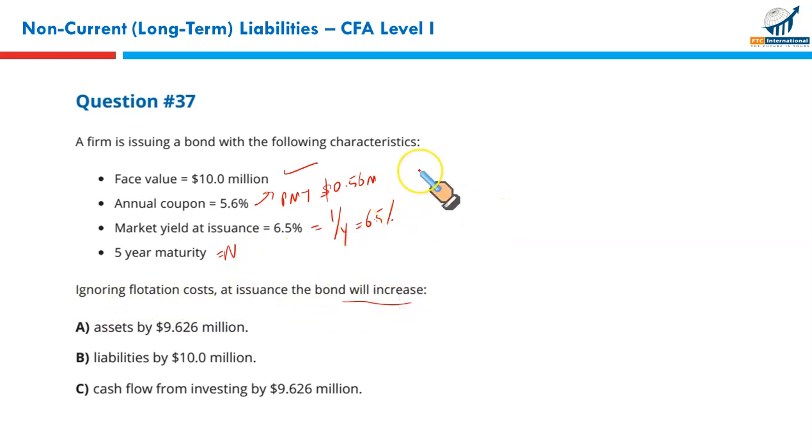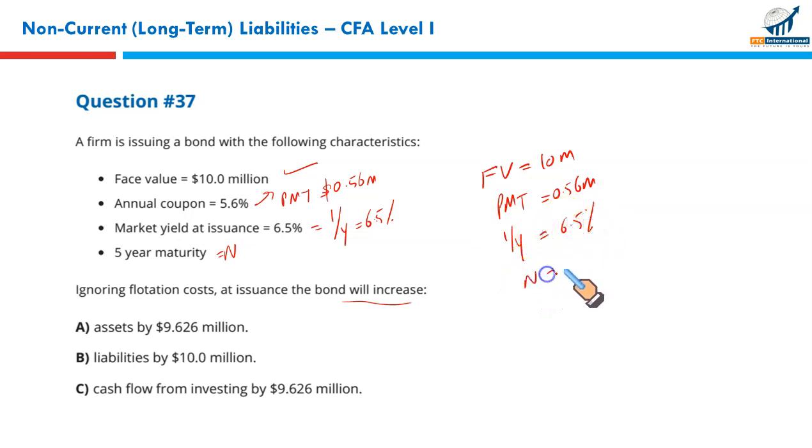We need to calculate the present value of the bond. So you have all the numbers you need. We have FV to be 10 million. We have PMT to be 0.56 million. We have interest rate per period 6.5, N 5.